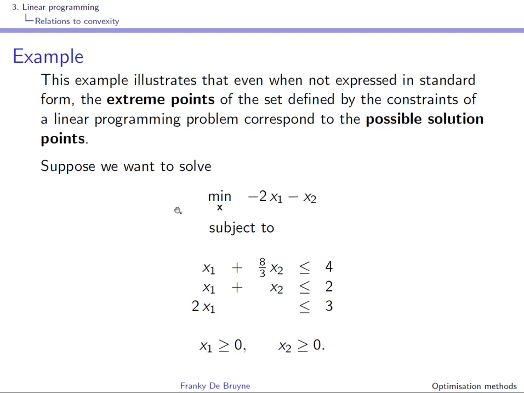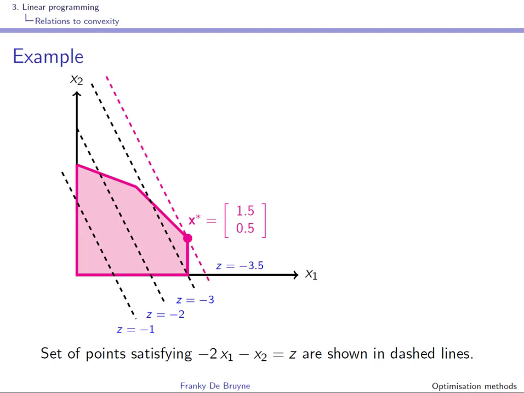So we'll now minimize an objective function subject to the constraints that we had considered before. Notice that these constraints are not expressed in the standard form, but we'll still be able to consider the extreme points of the feasible set as candidates for the optimal solution. And indeed, if we consider lines of this type over here, and we draw them on the feasible set, we can see that the line that corresponds to the optimal solution is this one over here.